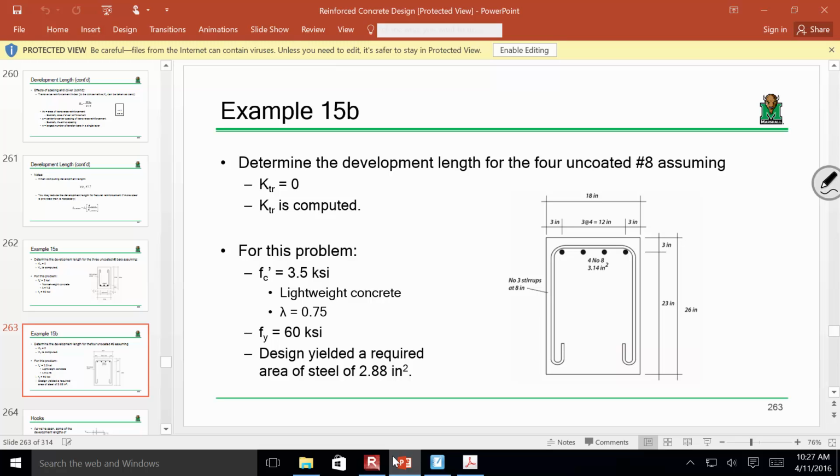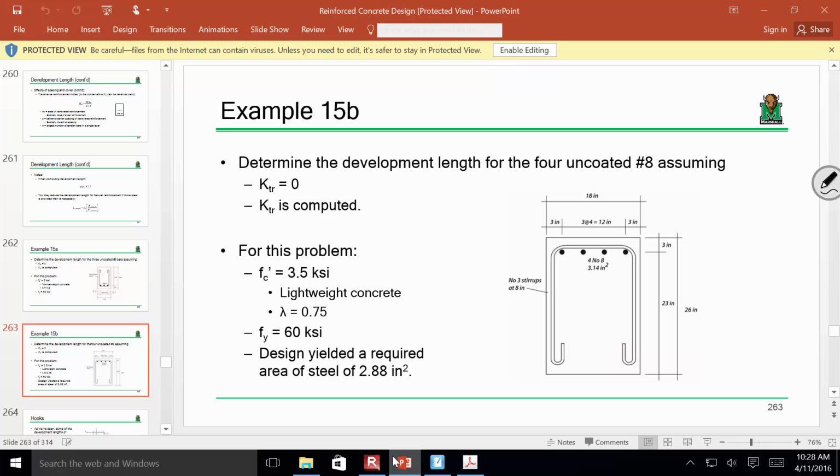All right. Psi t, what's psi t going to be? 1.3, right? It's not 1, right? Because we've got more than 12 inches of concrete under here. It's like 23 inches. And again, psi t is a top bar factor.